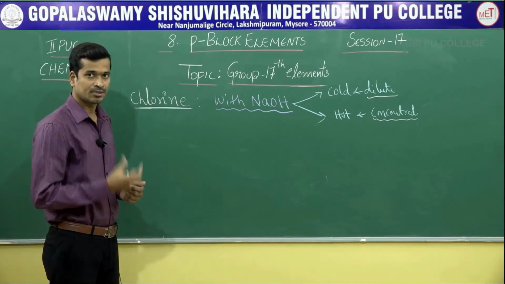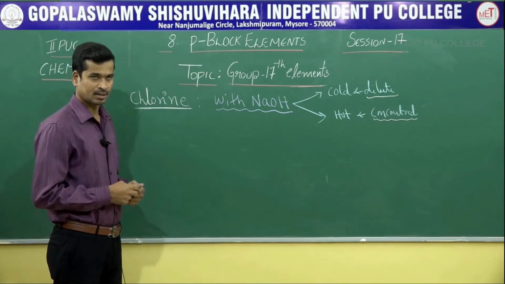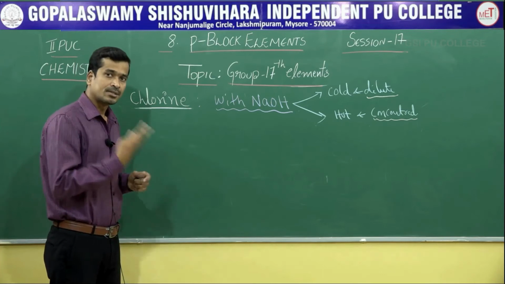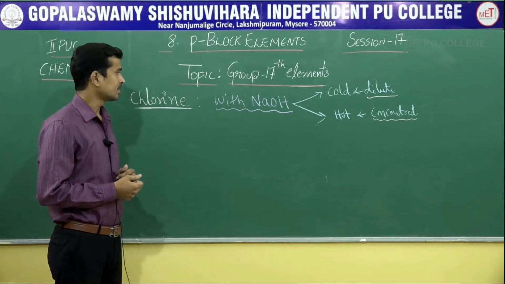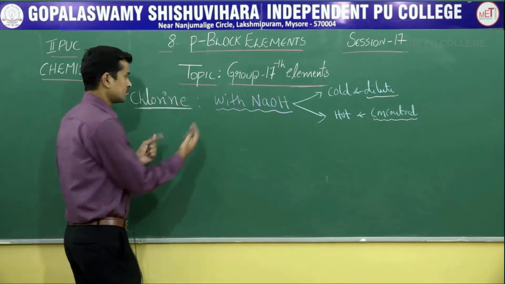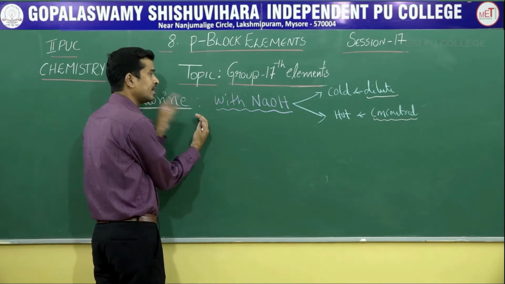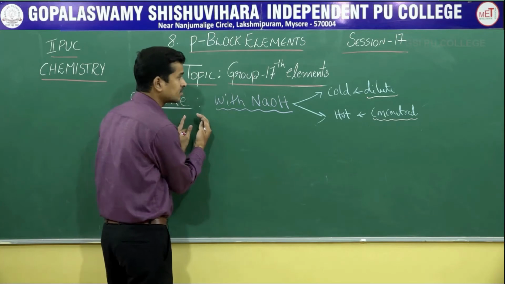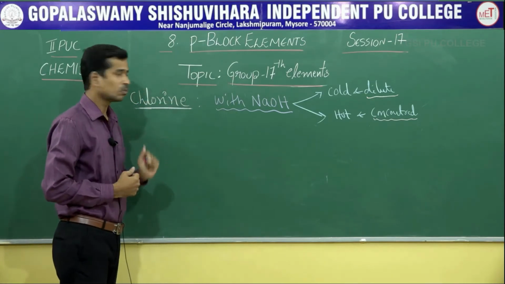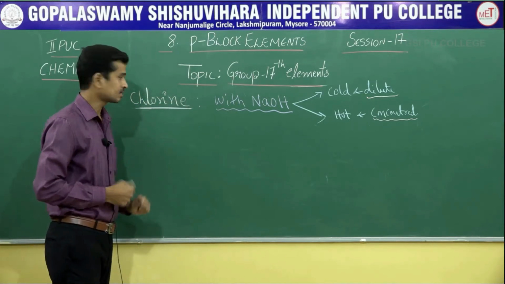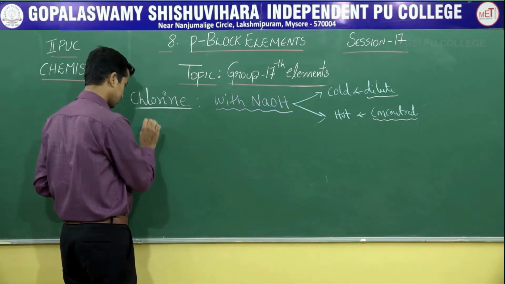Dilute means the solute content is very less. Concentrated means the solute content is very high. How does chlorine react with cold and dilute NaOH and hot and concentrated NaOH? The two reactions are very, very important. Let us consider the first.